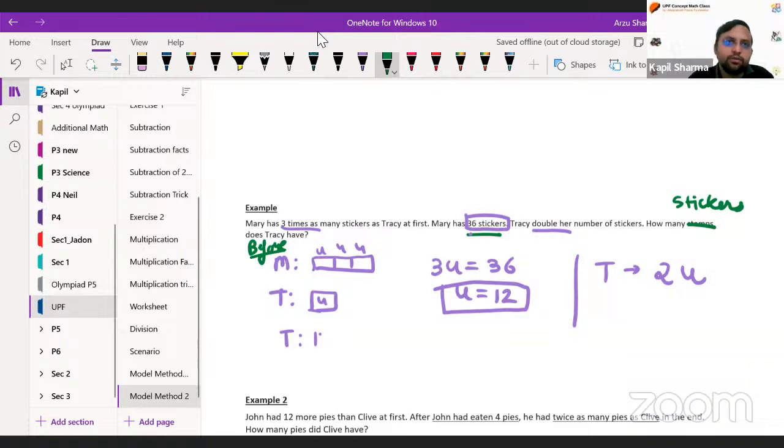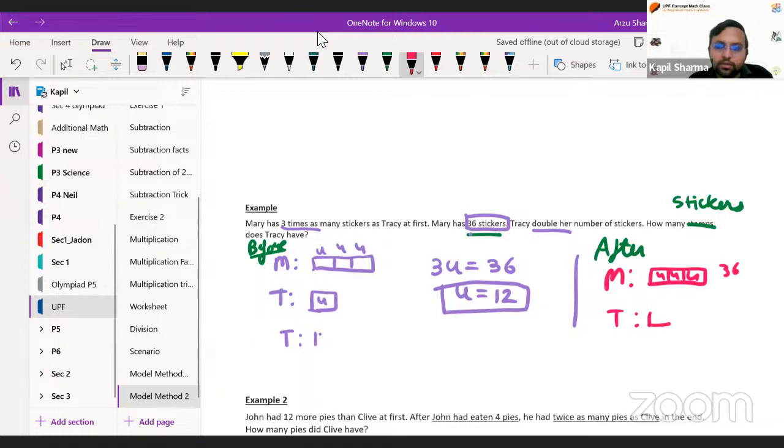And after, Mary still had 3 units or 36, and Tracy now has 2 units.